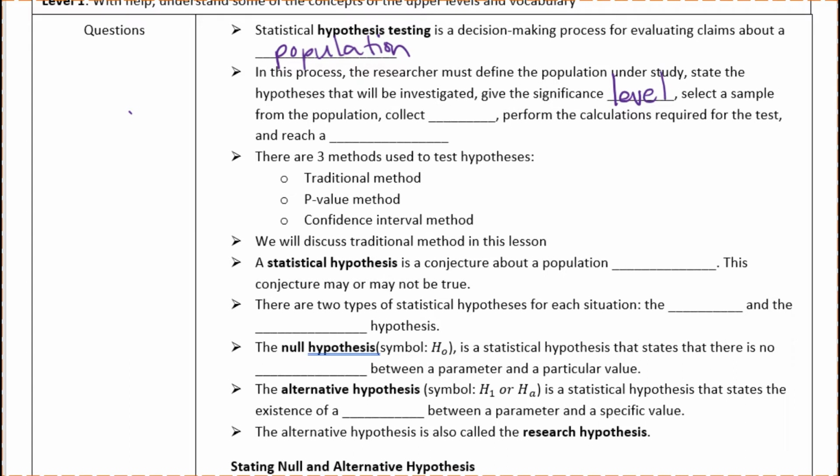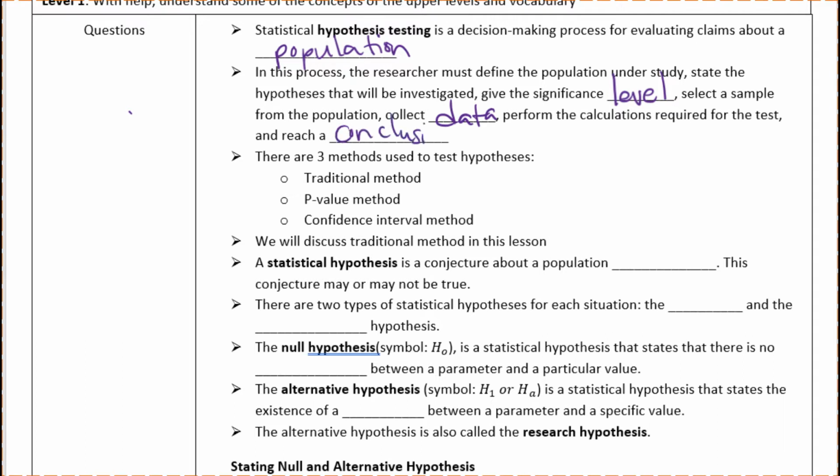Select a sample from the population. These are the sampling techniques that we talked about: random sampling, stratified sampling, cluster sampling, systematic sampling. These are the ones that we talked about in the other lesson in class, okay? Then we want to collect the data and then do some calculations that are required for the test in order to reach a conclusion.